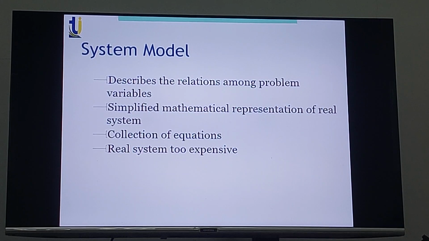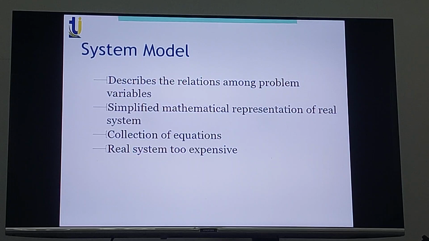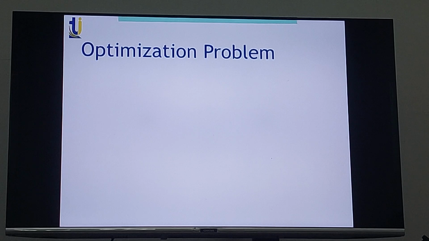So that's the parameter. And then we mix those variables and parameters into a mathematical expression, which we will learn more about in operational research. But here we use it in a simpler way, because a real system is too expensive.